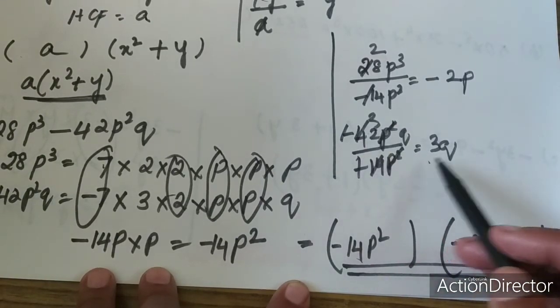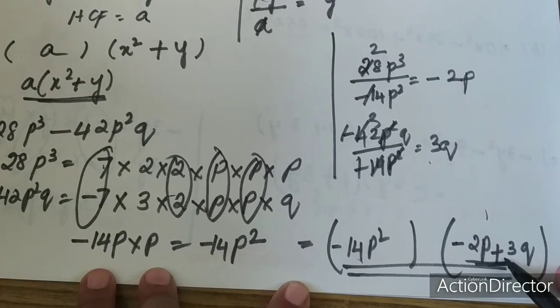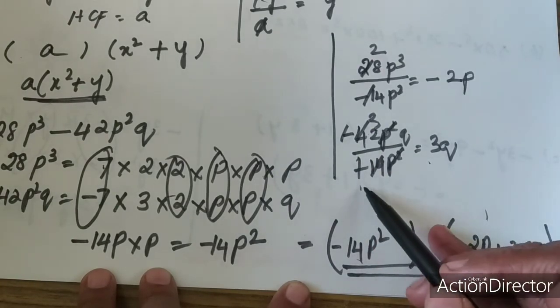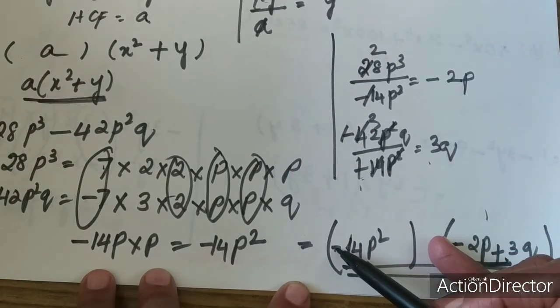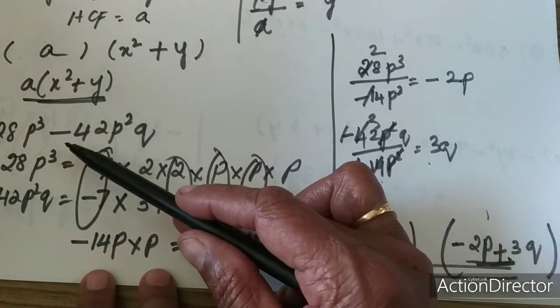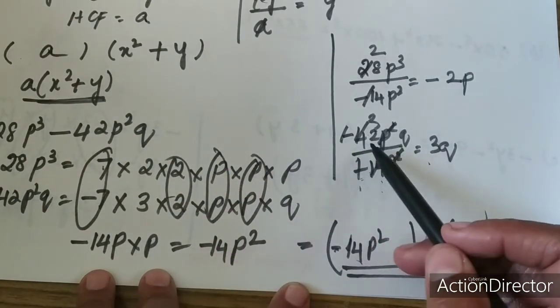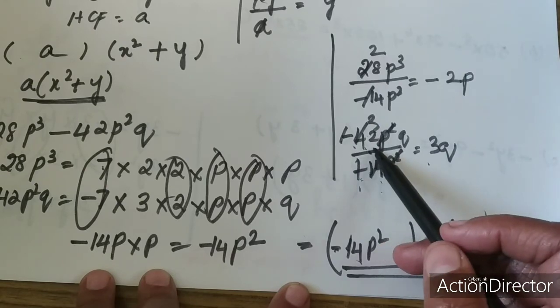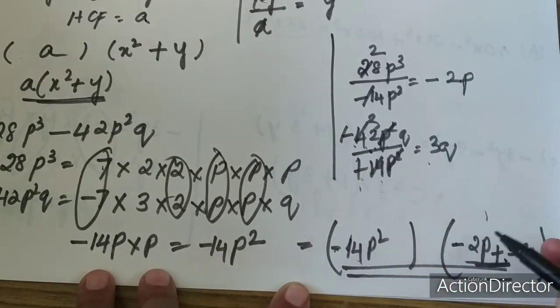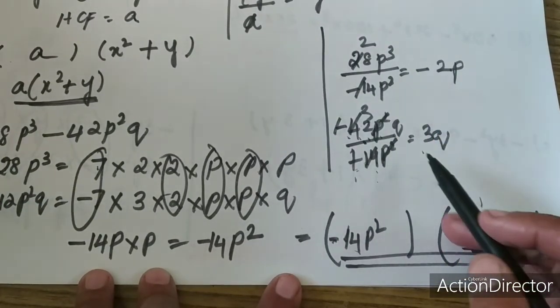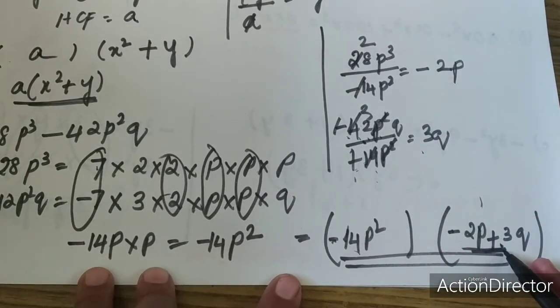Whatever sign you are getting, the same sign you have to keep. When you are dividing by minus 14, take the sign and then divide. Similarly, when you are taking the second term, take it along with the sign, minus 42 p square q. When you divide, I get 3q. So my final answer will be minus 2p plus 3q in the second bracket.